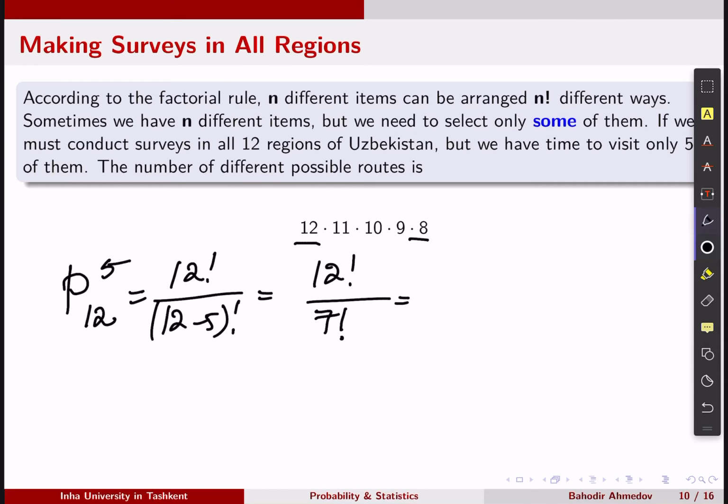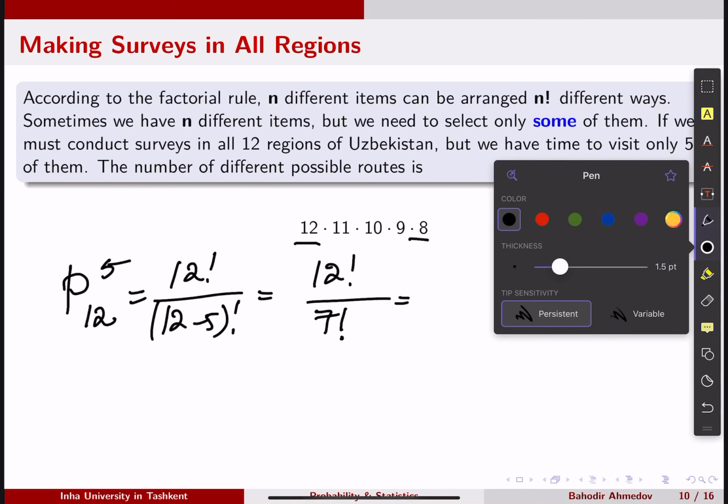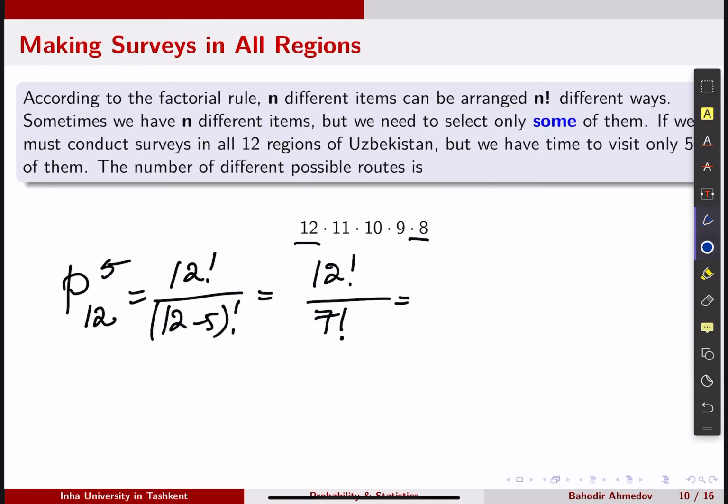So I'm going to just give you a brief insight about how you can divide the factorials. Please let me remind you that 12 factorial means the multiplication of the numbers from 1 to 12, and 7 factorial means the multiplication of the numbers from 1 to 7, right?